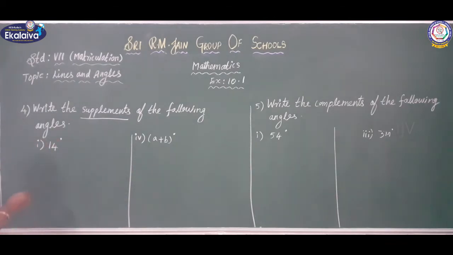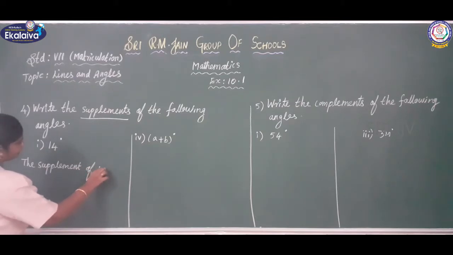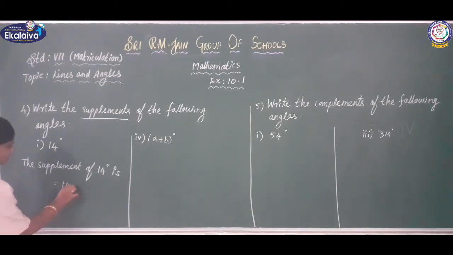So the supplement of 14 degrees: how do you find it, children? You just have to subtract, 180 minus 14. Subtract 14 from 180.